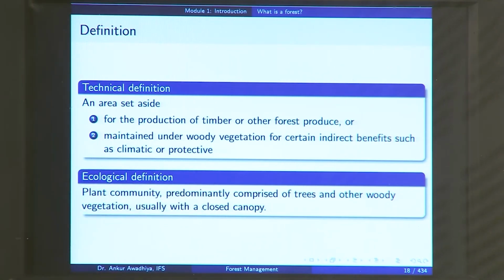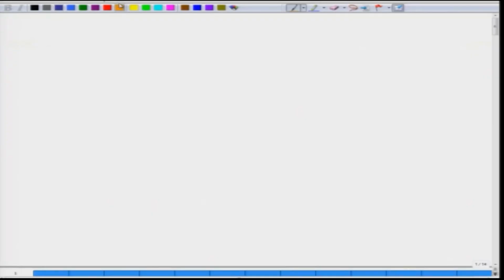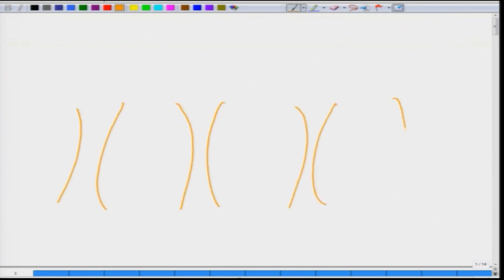with a closed canopy. Now, what do we mean by a closed canopy? The term canopy refers to the umbrella that is formed because of the leaves of different trees.